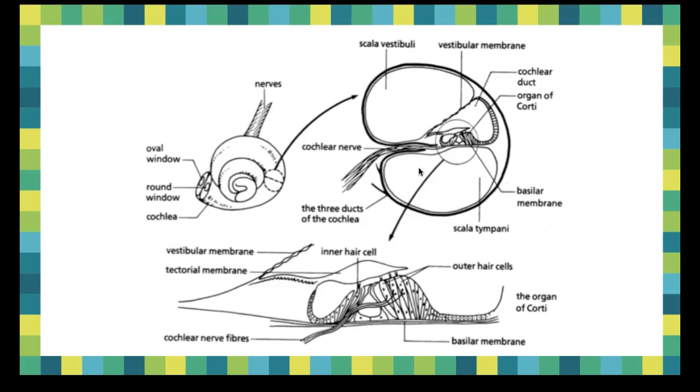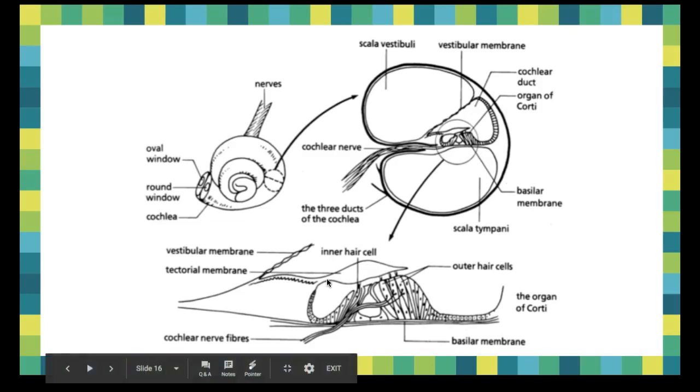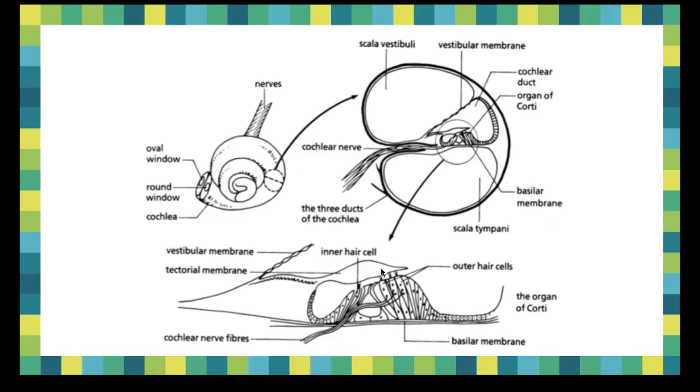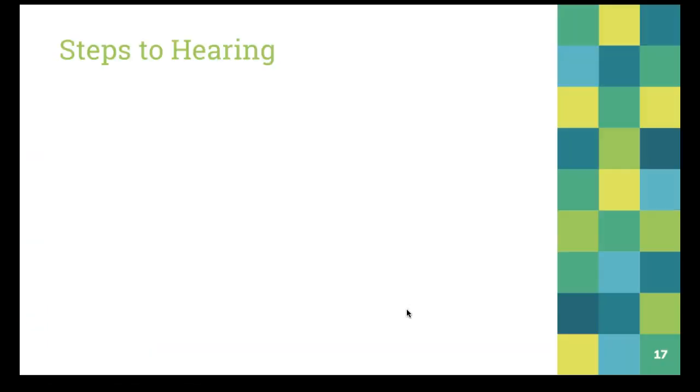We see the top and the bottom chambers, and then inside the middle this would be the basilar membrane, and inside that is the organ of Corti. Again, just zooming in on it, we have a top and a bottom part of that. We have stereocilia. If this pushes down, it causes the stereocilia to bend, and it's going to send an impulse to our brain.